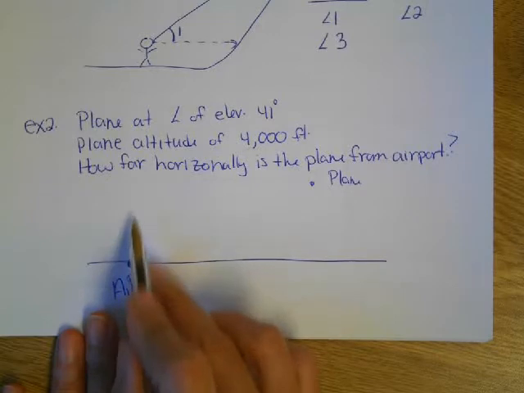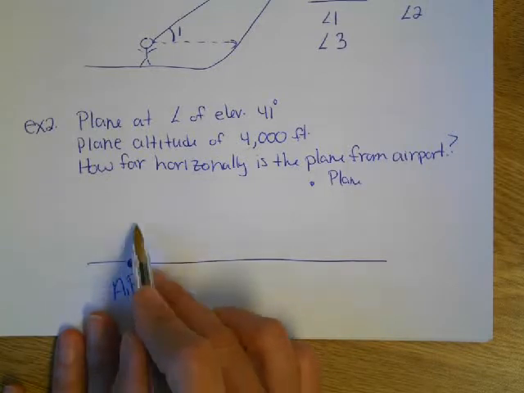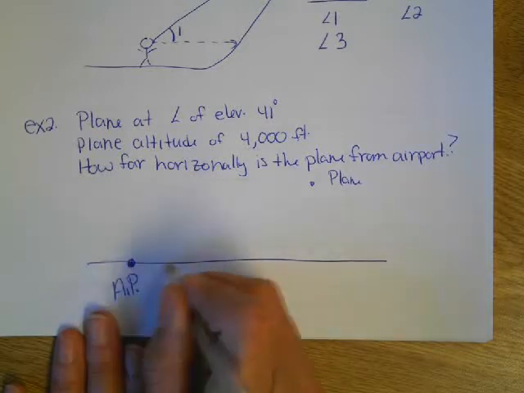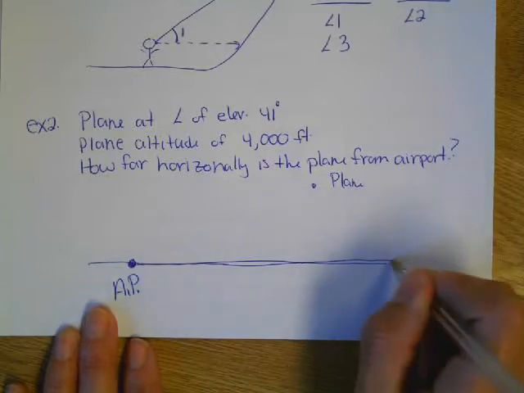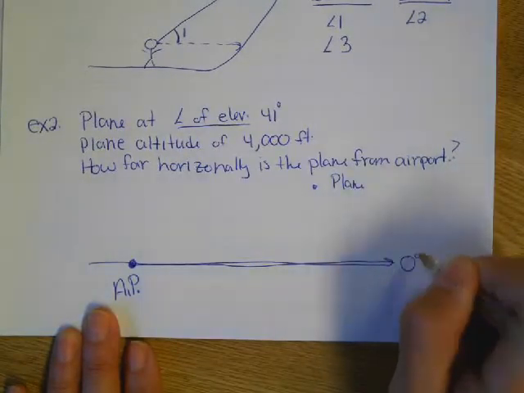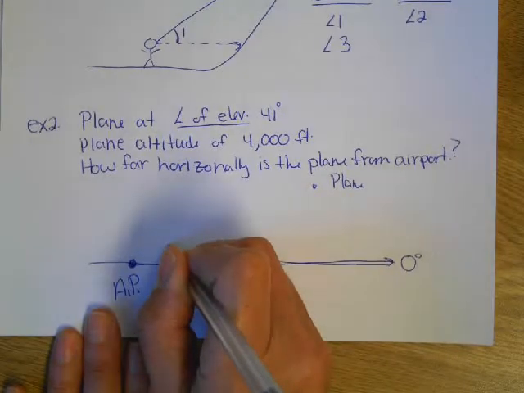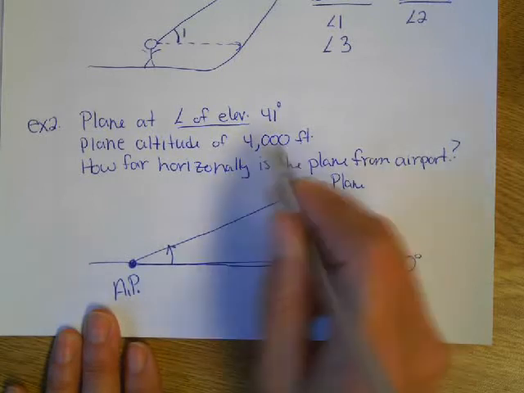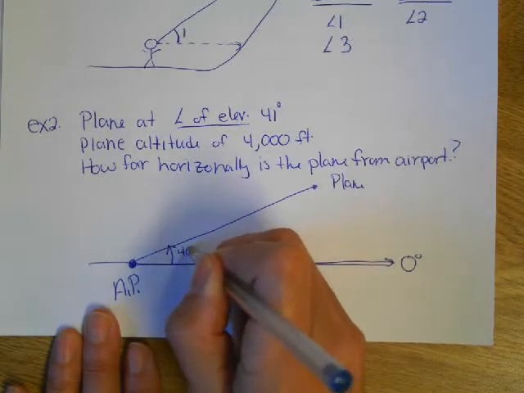Even though he's in a tall tower, we're going to consider that negligible here, because however tall that tower is isn't going to come into play. But from the zero line being the ground, again, you always need a zero line when you see angle of elevation or depression. So there's our zero. He looks up to see the plane. There's my line of sight, and that is 41 degrees.